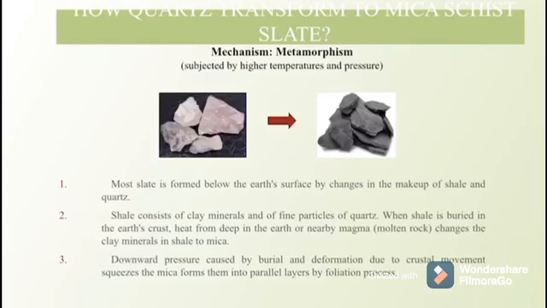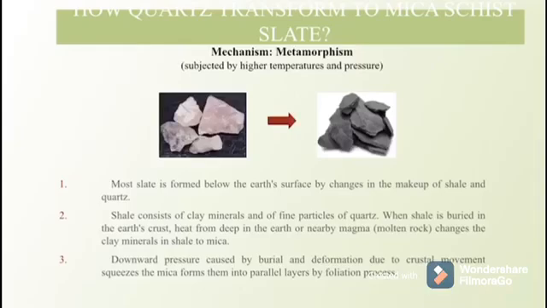Quartz is one of the metamorphic rocks where it is formed because of the rapid cooling of the magma or lava on the Earth's surface. The cooling and solidification of lava at the Earth's surface results in the formation of extrusive igneous rock, which we call volcanic rock. Due to the rapid cooling of magma, it will form a crystal.